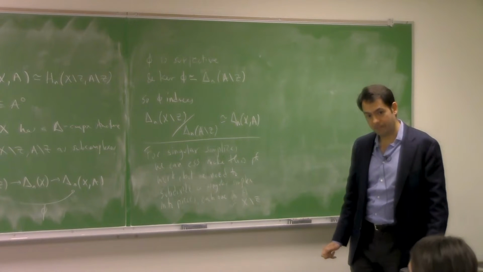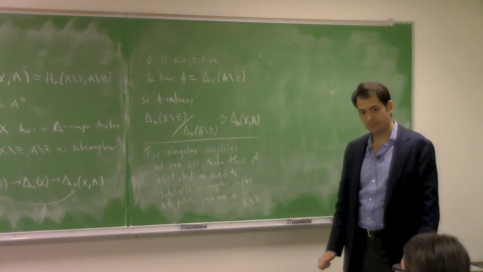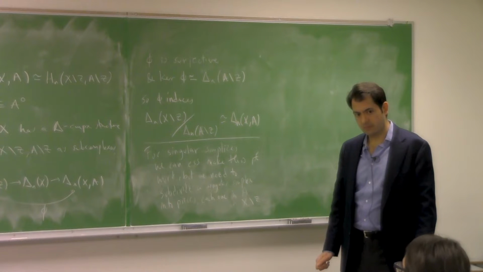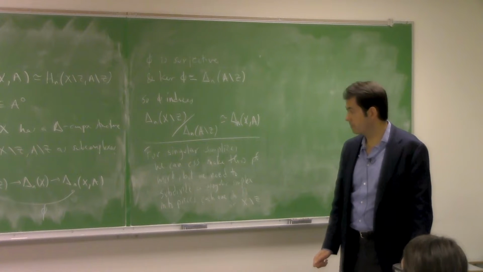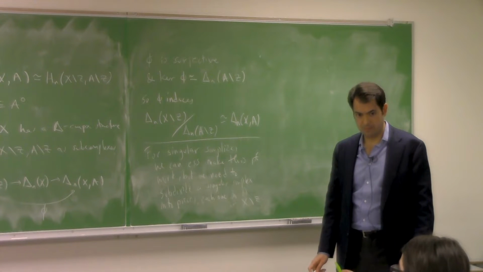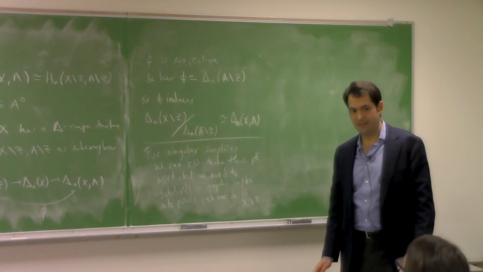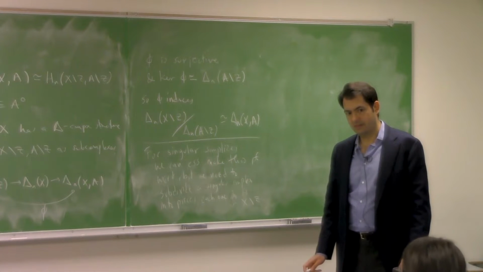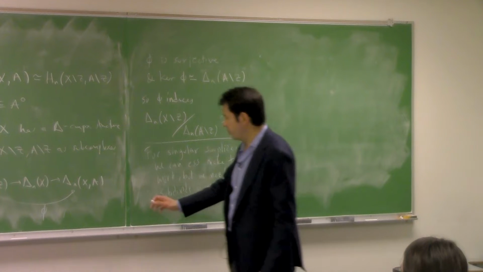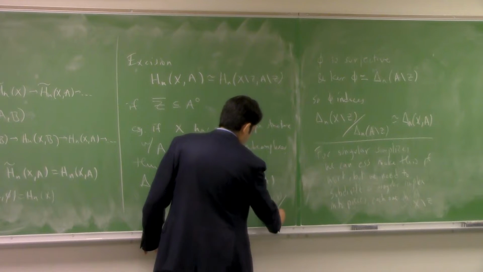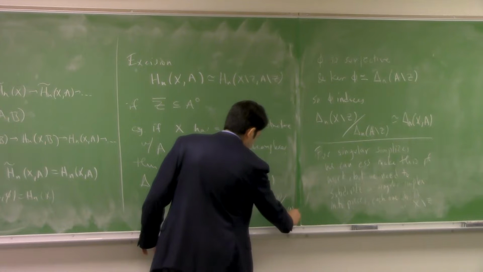Yes? Before we do that, I'm still pretty confused about what, for example, in the delta complex example, delta n of X comma A would be. I feel good about delta n of a single set, but when I have the space and its subspace. Yes. So the definition would be delta n of X mod delta n of A. Okay.